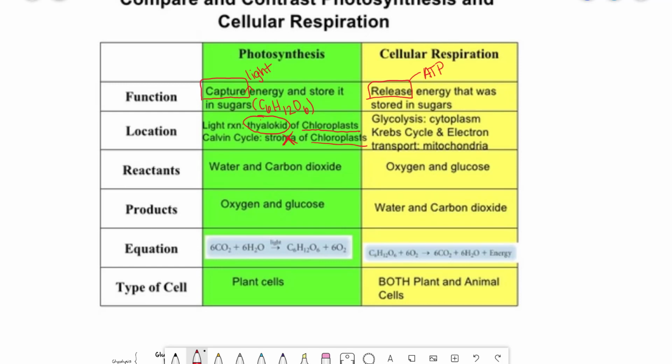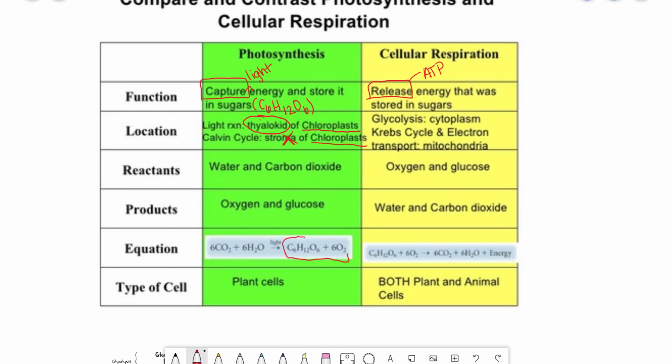All right, so let's skip down here to these equations. 6 carbon dioxides plus 6 water, and then you're going to add some light, and that's going to get you 1 glucose and 6 oxygen. Now, I want you to look at this.